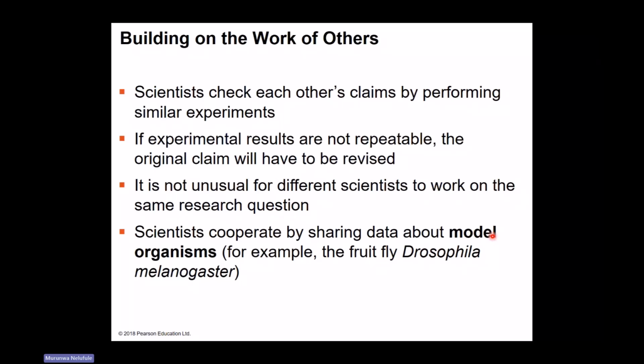But scientists cooperate by sharing data, models, and organisms, for example the fruit fly, Drosophila melanogaster. So what they mean here is that as a scientist, you need to be able to collaborate and work with others.